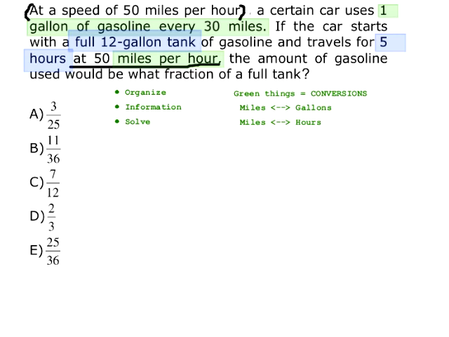As far as organizing the process here, you can realize that you start with 5 hours. Then you can go from hours to miles because you know how to do that. Once you're in miles, what can you do?